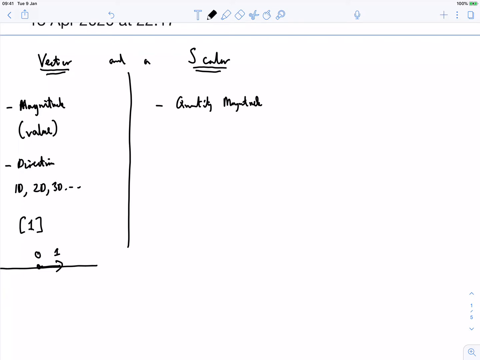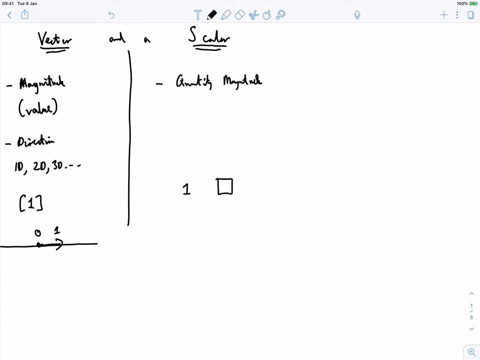Whereas, confusingly, I could just have a scalar, it's just 1, i.e. I've got 1 of something. I've got 1 square. It's more of a counting thing rather than an amount and a direction of movement.